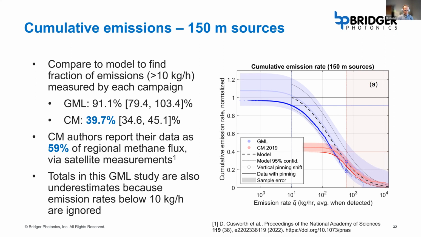So this is saying that methane emissions from the surveyed area are in fact higher than previously reported and understood. And as I mentioned, we're ignoring emission rates below 10 kilograms per hour. So in fact, there are even more emissions than we are saying in this 40% number.